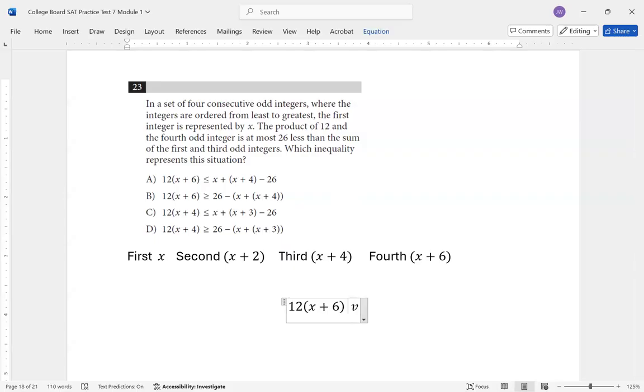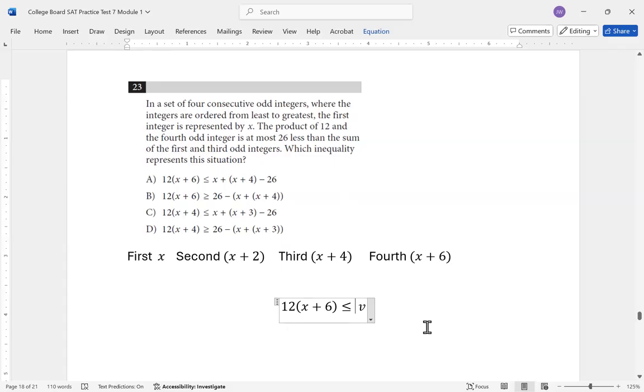If we say something is at most V, that means we could be less than or equal to that V. It can get up to whatever that value is, but it can't go beyond that value.